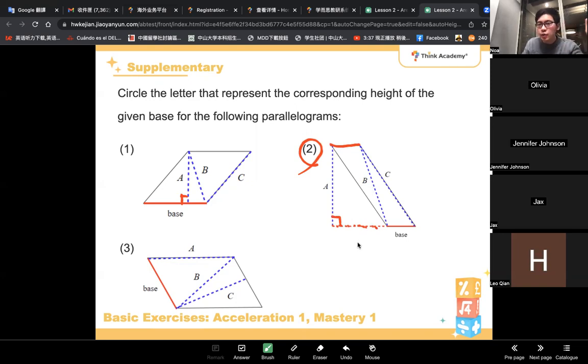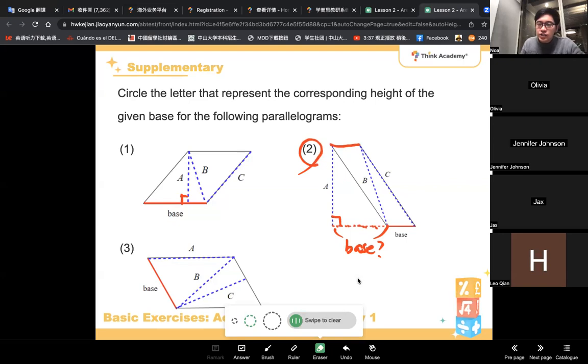But here comes another question. Is this the base? Yes or no? Is this part of the base? Okay, the answer is no. Why?